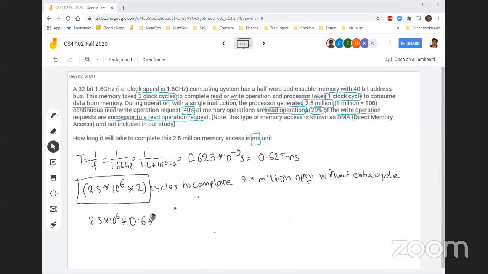Out of those write operations, 20% are the back-to-back read-to-write scenario, so another 0.2. So this many cycles extra. We add these two quantities up.